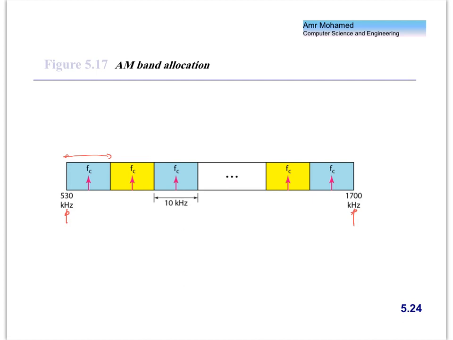Where did the 10K come from? The bandwidth of each channel now is 10K. Why is it 10K? To reduce the noise, you have to maintain 2 multiplied by the main bandwidth, which is 8. Okay, so we can maintain the 8. Nice, good.